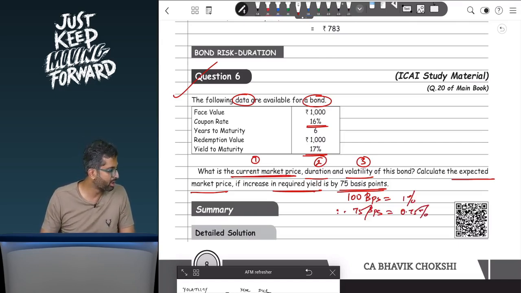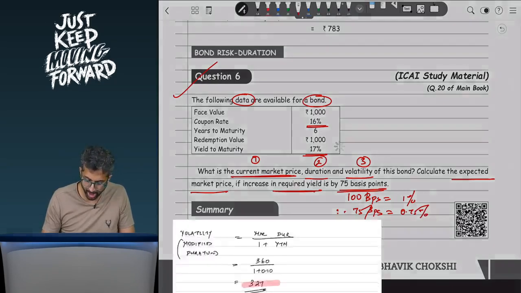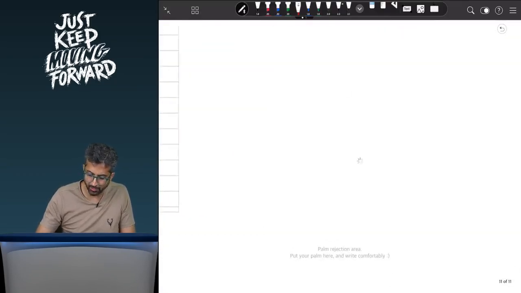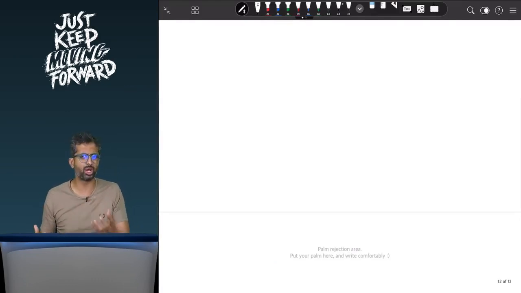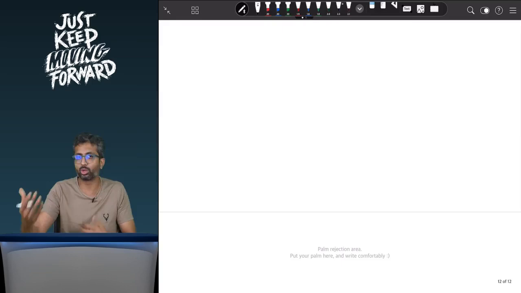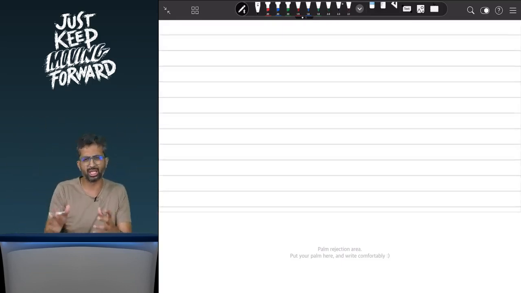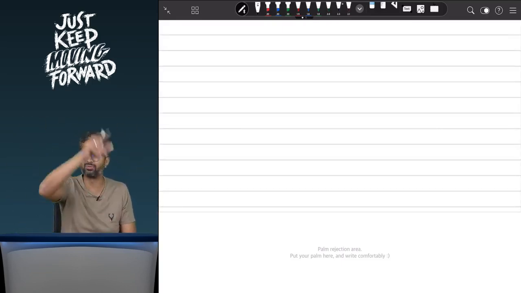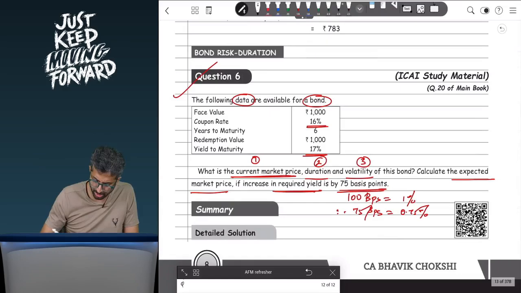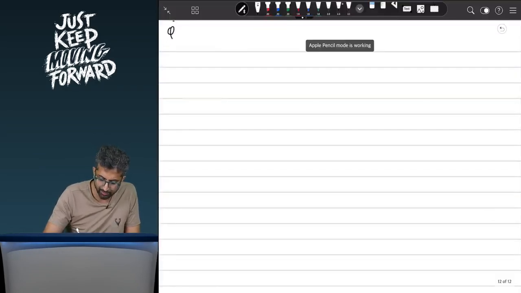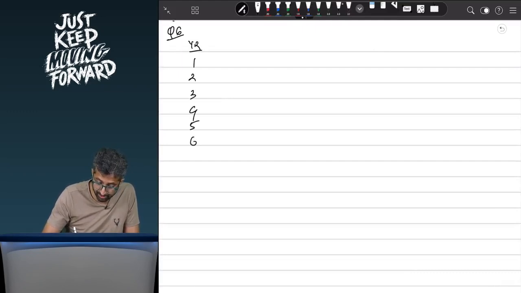So over here, how will you do this working? Well, we will first try to find the value of the bond. Usually we can use PVAF over here quite easily. However, in this case, we have to calculate the duration, which means you have to make the table. So rather than doing a separate PVAF step, we will prepare the table only. For question number 6, we will have years 1, 2, 3, 4, 5, 6.